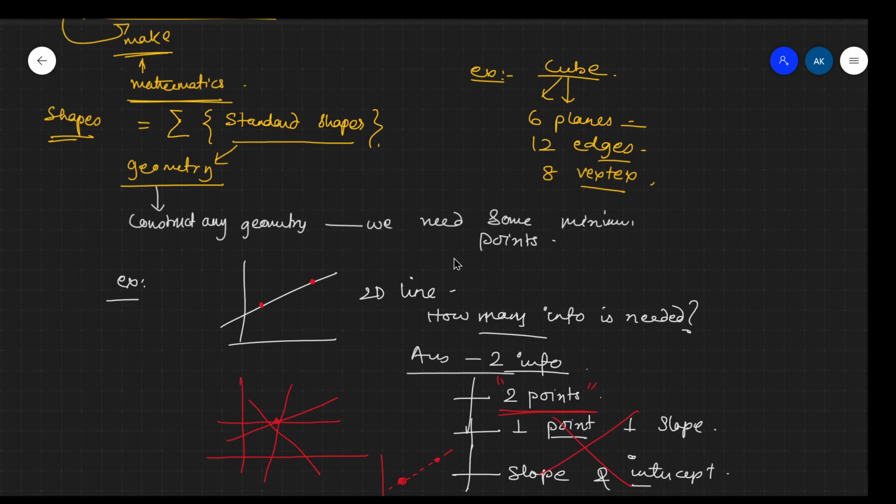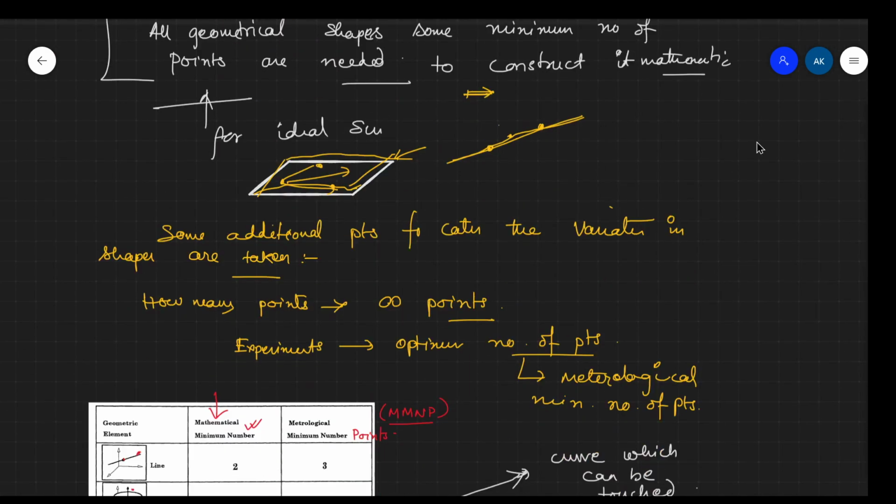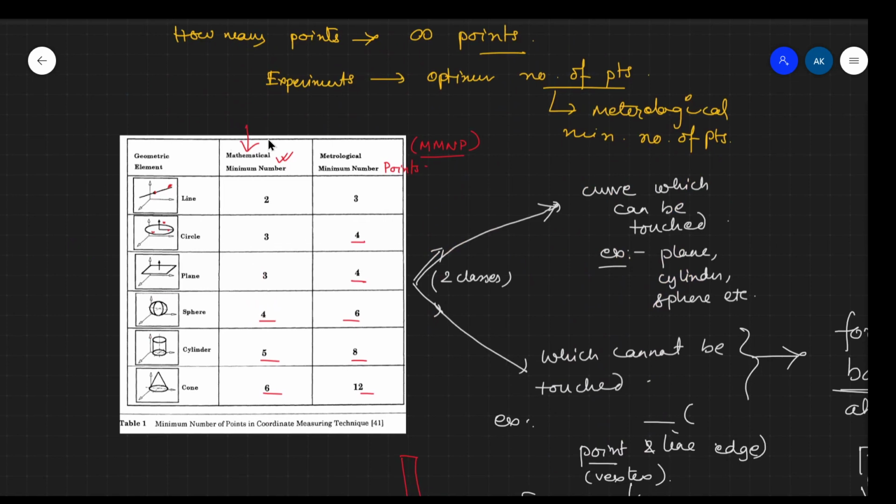We discussed about this degree of freedom of geometric curves and how many mathematical minimum number of things are needed. I forgot to mention this, sorry. This is called degree of freedom of this curve, the minimum number of mathematical terms.